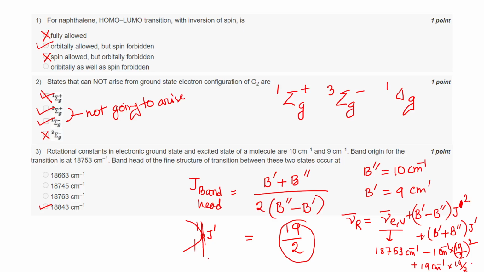If you had put 9 here and 10 here, then you might have got something else, one of these three. But this is the actual point where your Fortrat diagram has zero slope. That is the point you have to consider. Okay.